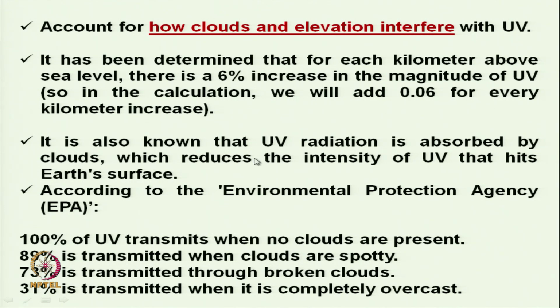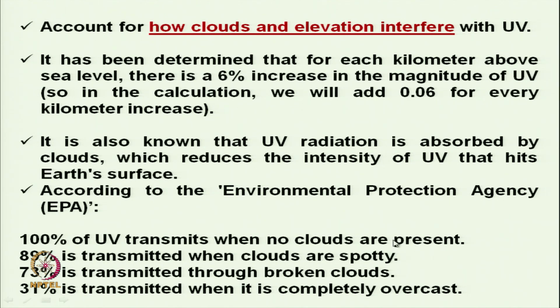It is also known that UV radiation is absorbed by clouds, which reduces the intensity of UV rays coming towards earth. According to the Environmental Protection Agency, they have different standards. When there is no cloud, there will be 100% UV ray coming to the earth surface through the ozone layer.